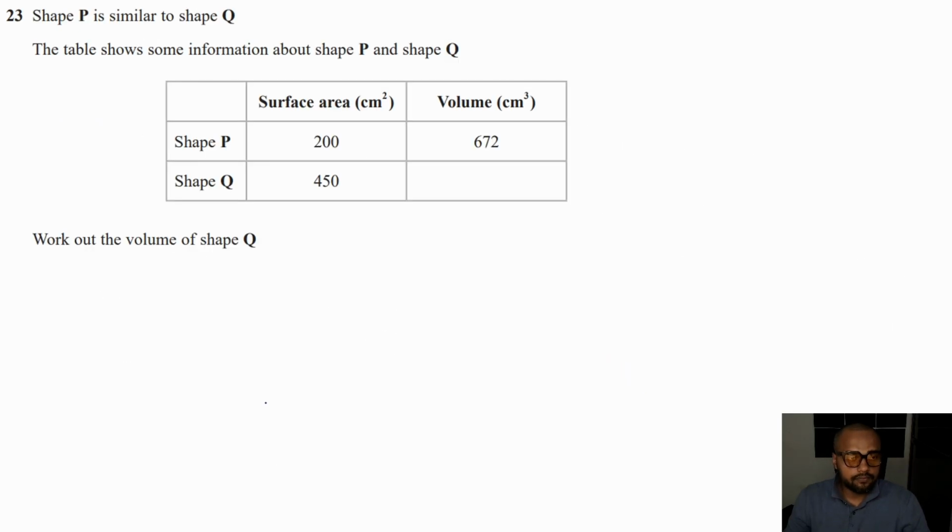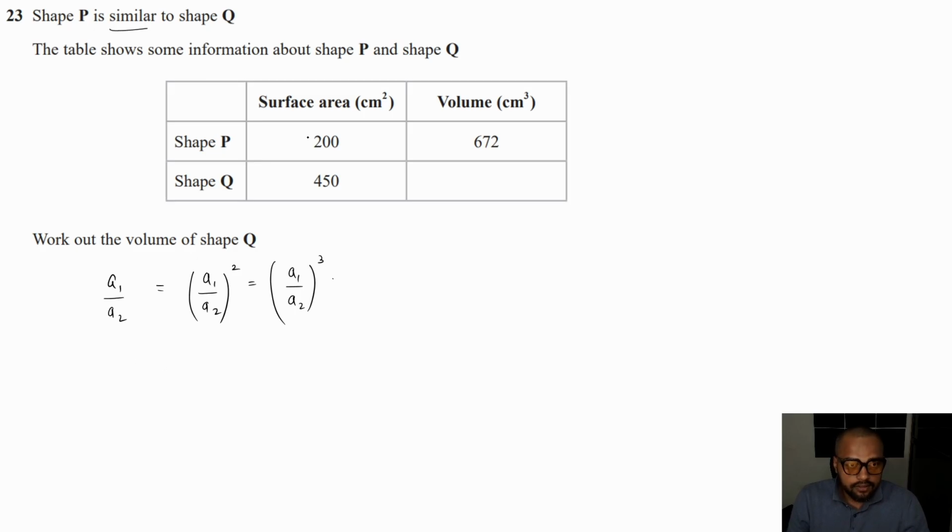In this question, students, the similarity condition is already given in the question above. We know that if a1 and a2 are corresponding sides of any two similar figures, then their areas are in the ratio (a1/a2)², and their volumes are in the ratio (a1/a2)³.